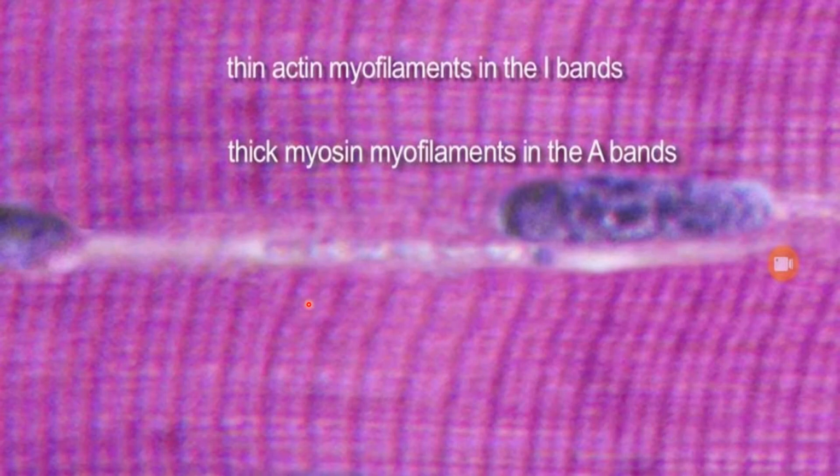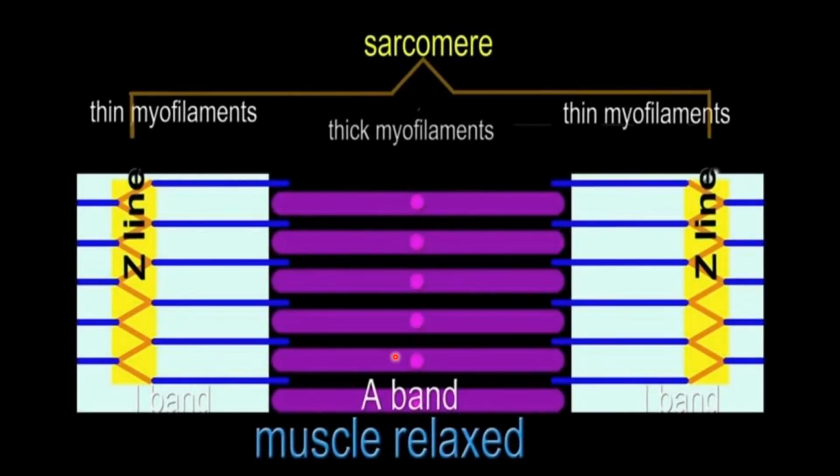So in the I band we have the thin actin myofilament, and the darker band has the thick myofilament. If you see this picture, this is the darker band containing the myosin filament, which is a thick myofilament, and this is the lighter band containing the thin actin filament. And in the center of the I band we have the Z disc or the Z line. Muscle contraction occurs between these two Z lines.